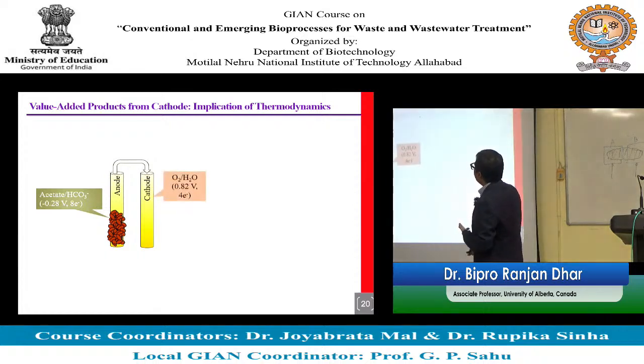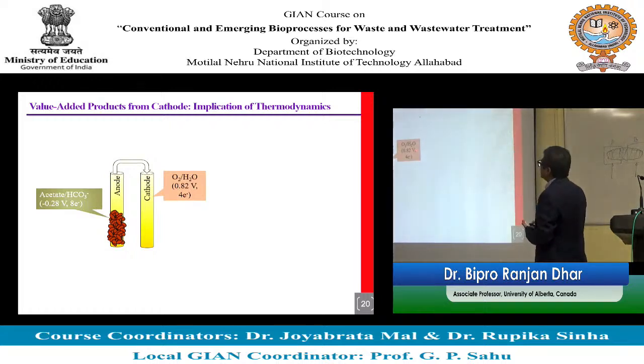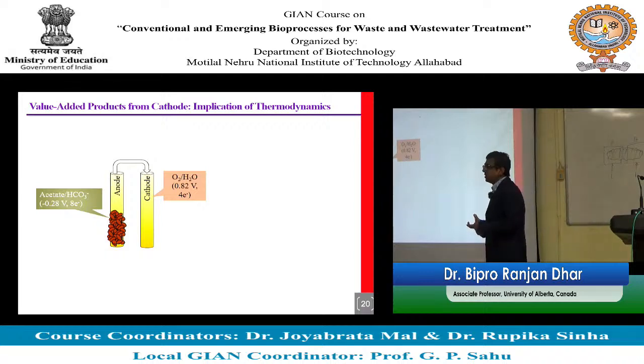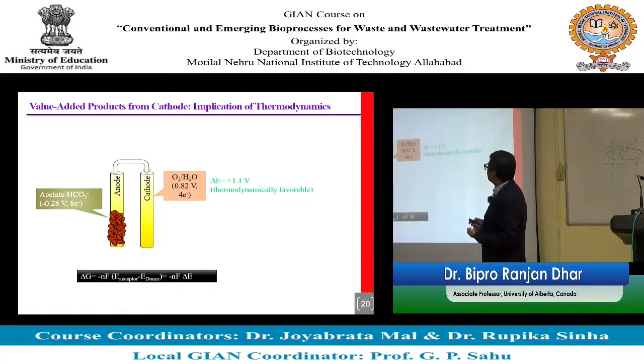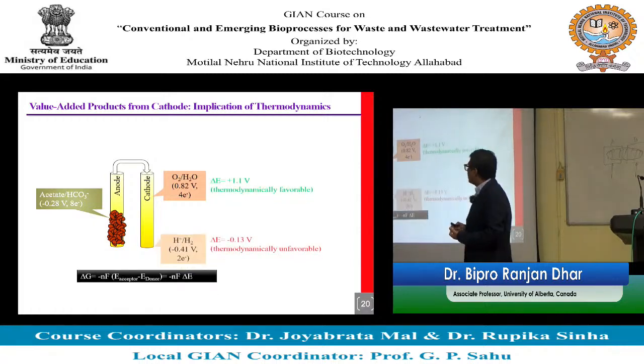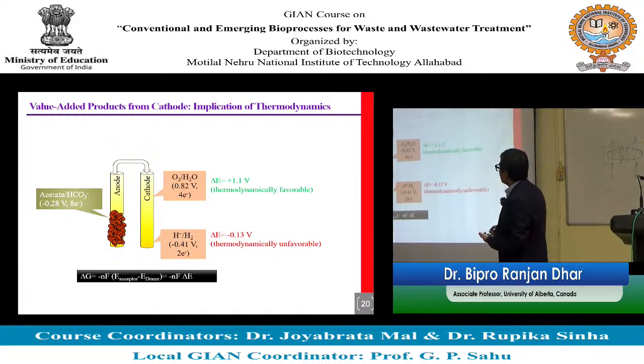But now if I want oxygen reduction to water, what is the redox potential for this reaction? It's 0.82 volt. But if you want to produce hydrogen from protons, this redox potential is minus 0.41 volt.